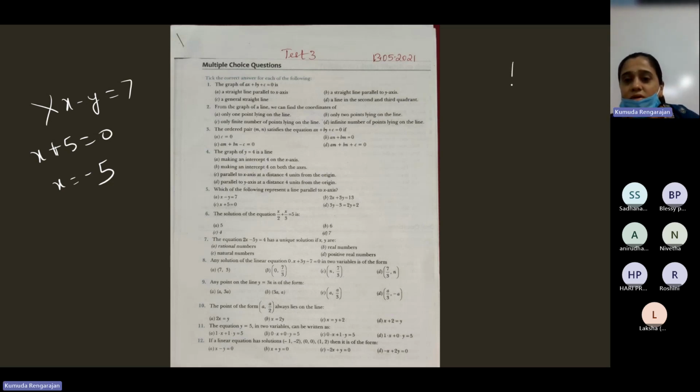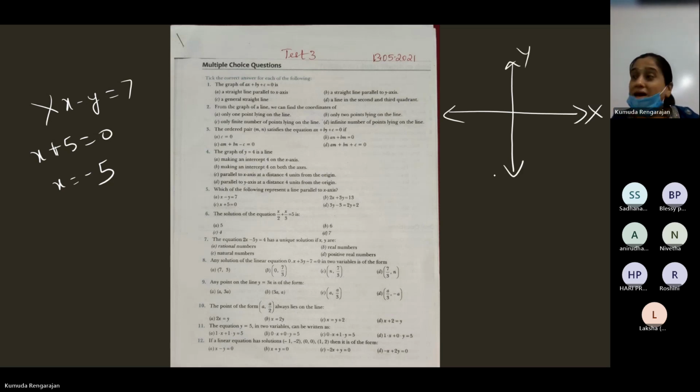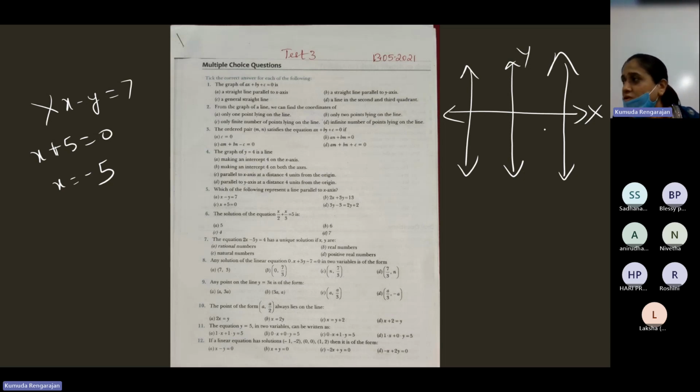So how will the graph look? Parallel to the y-axis, it can be on this side or it can be on this side. So the graph line can be to the left of the y-axis or to the right of the y-axis. But what is it? Minus 5. So minus 5 means this side, not this one.